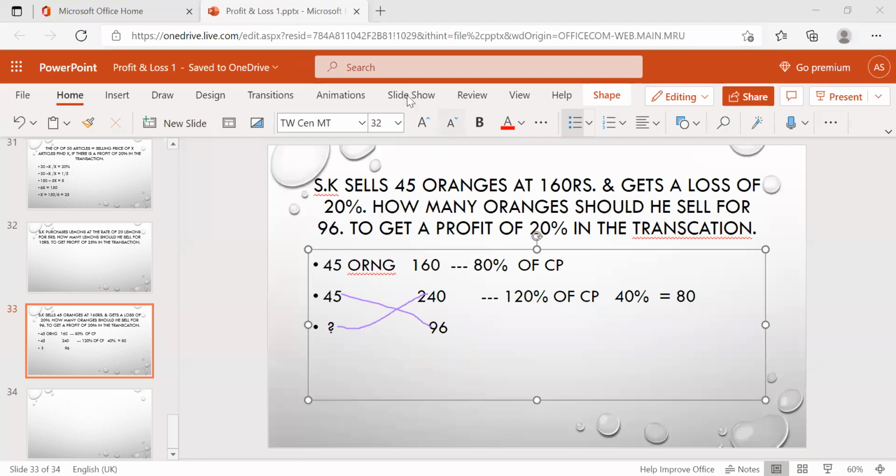That's nothing but 96 into 45 divided by 240. Do the calculation here.